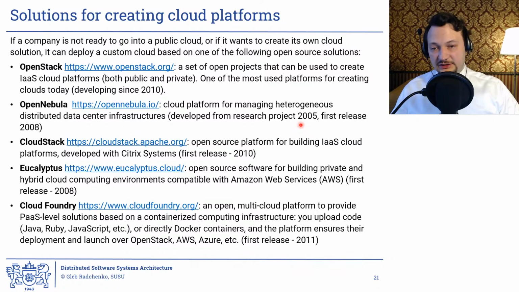As a researcher in the field of cloud computing, I really appreciate solutions that are developed from research projects. Its first release was in 2008. This project is open source, very famous, and it is developing right now. So it is one of the most interesting solutions on the market.